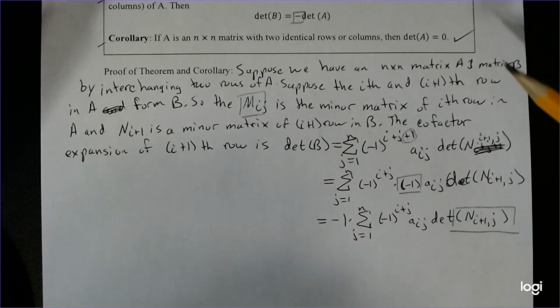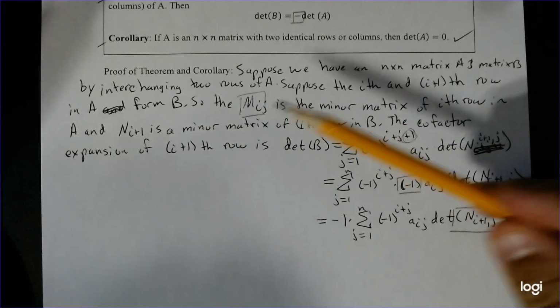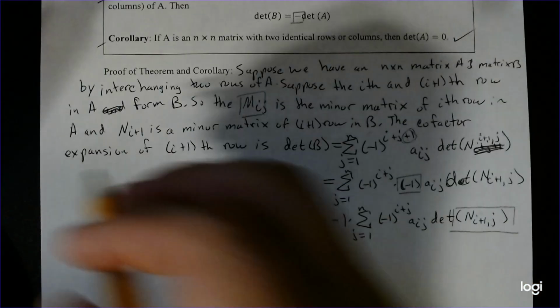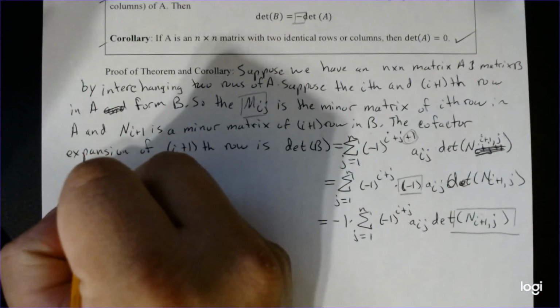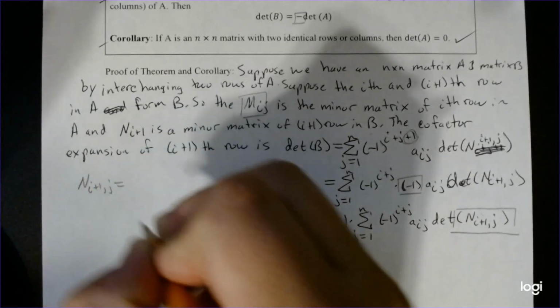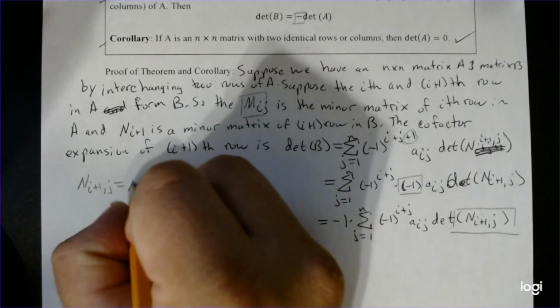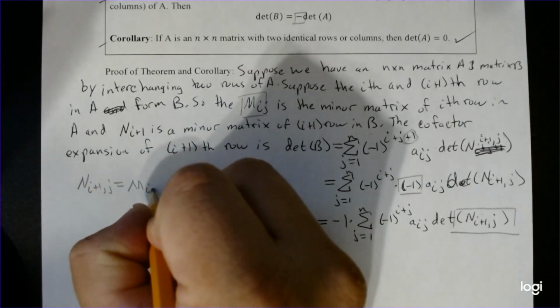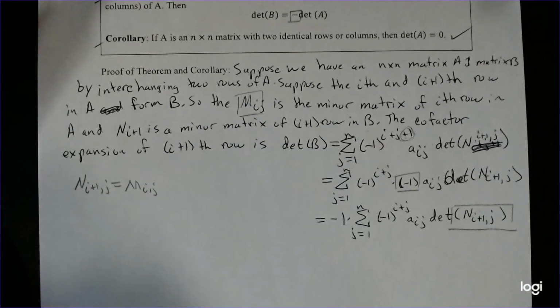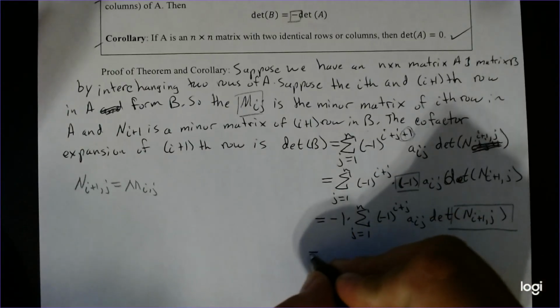But because we just interchanged these rows, well, we know that the minor matrix of this one is the same as that one. This is in B and this is in A. Well, if that's the case, I could just swap them.